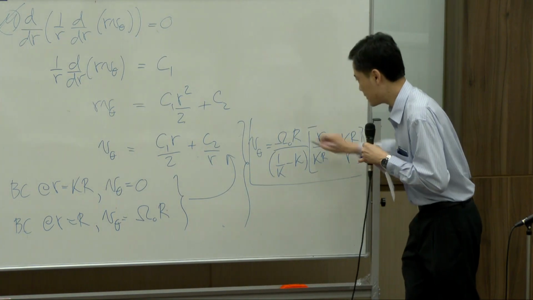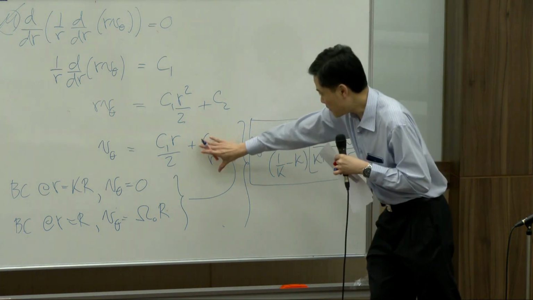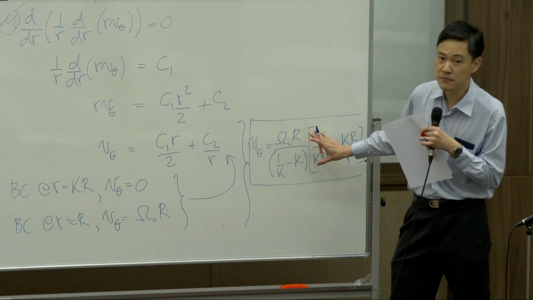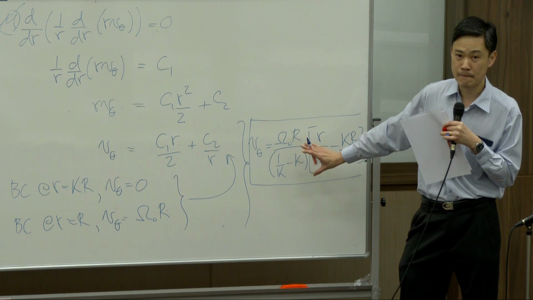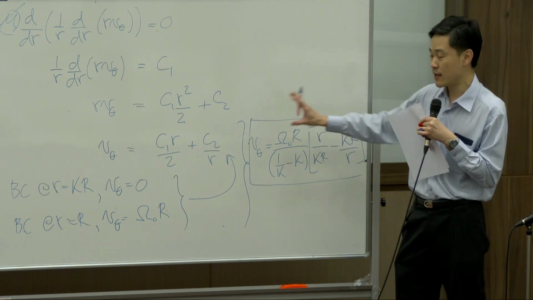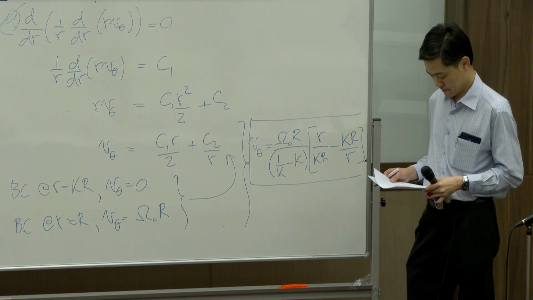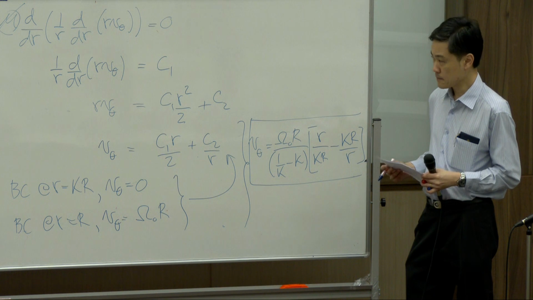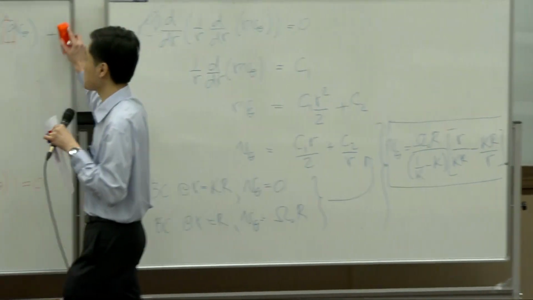This would be the answer for the velocity profile. From here to there is basically a mathematics problem, and I do not want to spend time on it. I'm sure that you can do it by yourself. All right. Any questions?